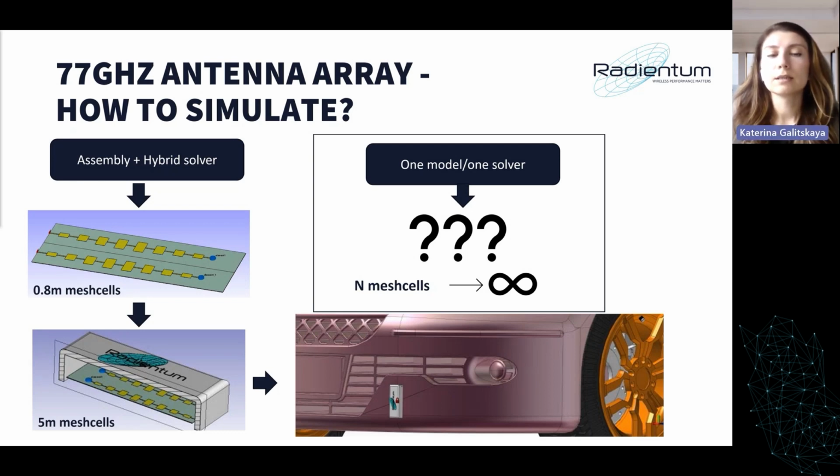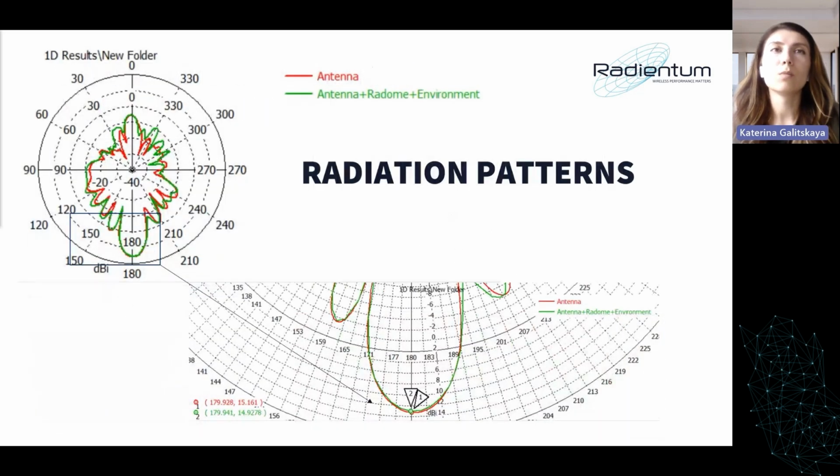And on the next slide, we can see that on millimeter wave, we have one more thing that we need to consider, the radome. The radome effect is one more new thing that affects the antenna a lot at these frequencies.